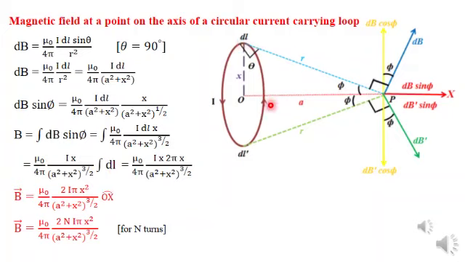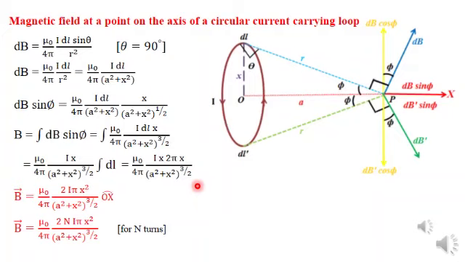Integral dl means the full length of the loop, its circumference, which is 2 pi x, since x is the radius of the loop. So B equals mu 0 by 4 pi, i x into 2 pi x divided by (a square plus a square) whole raised to 3 by 2.